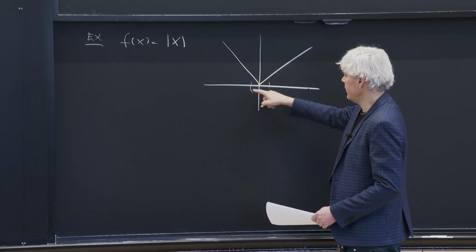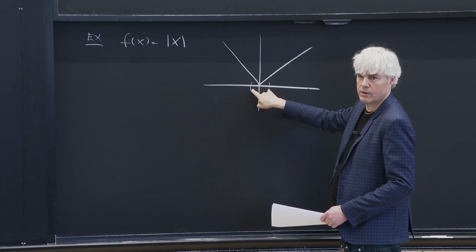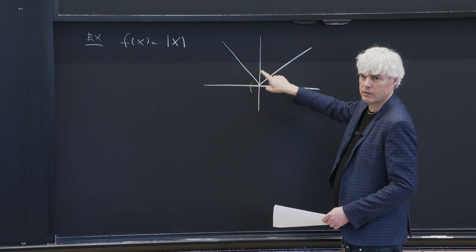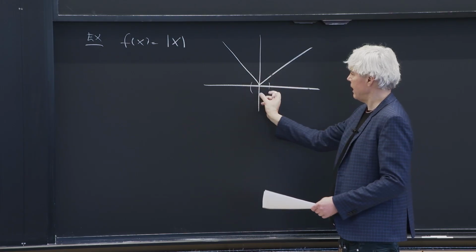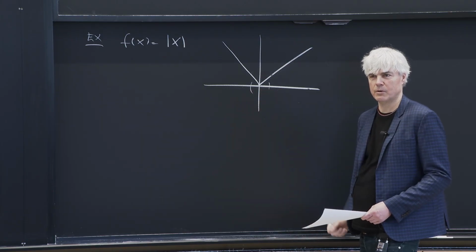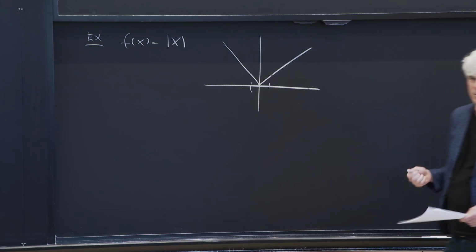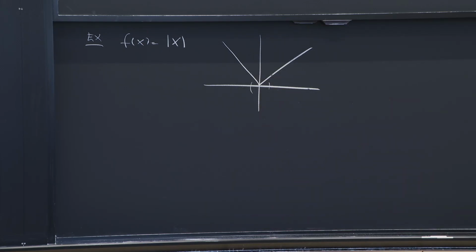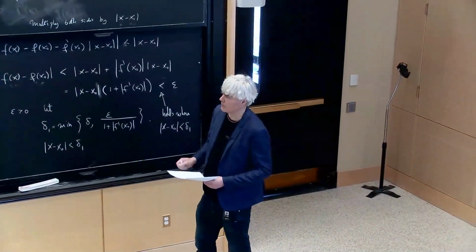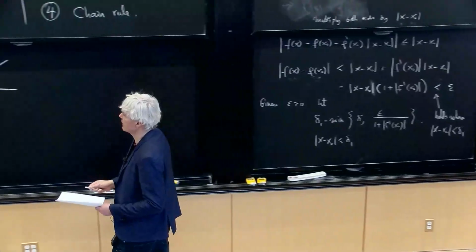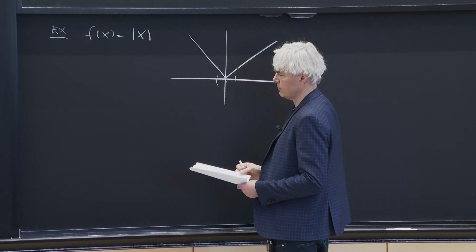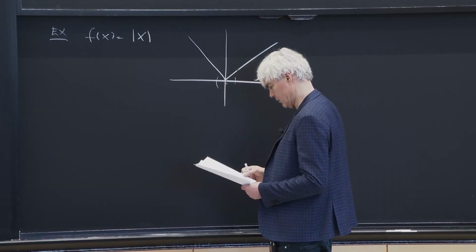So if you take any little interval around 0, then the difference quotient could be either minus 1 or 1. However small you make this interval, it doesn't converge to some number, because there are both cases where it's 1 and cases where it's minus 1. Okay, so that's the first example, of a function that is continuous but not differentiable at 0.